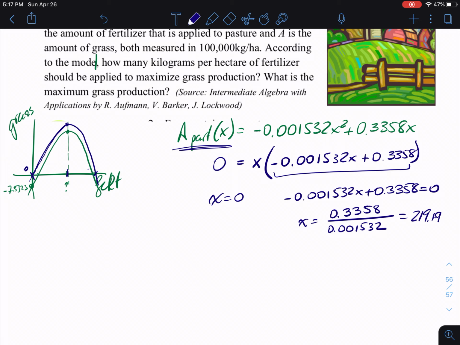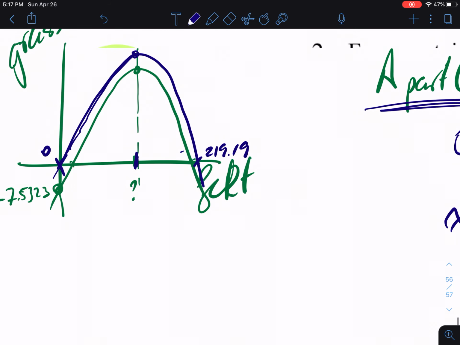So this is at 0, and this is at 219.19. So what is this middle value going to be? Isn't it just going to be half of 219.19? So that is 109.6. Okay. So our vertex is going to be at 109.6.